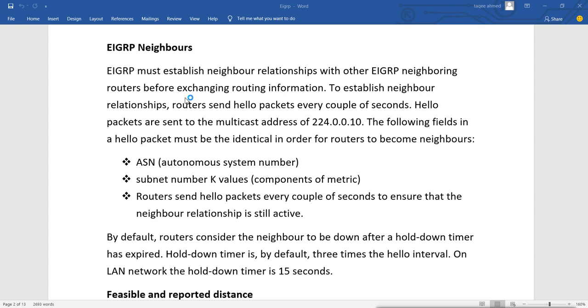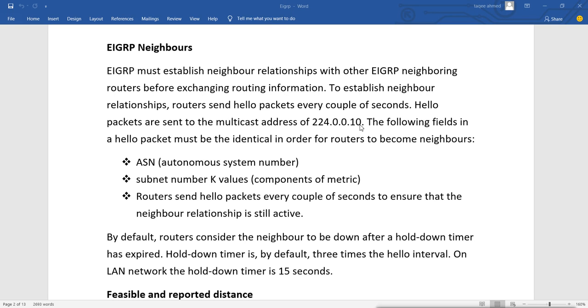So hello packets are sent to the multicast address 224.0.0.10. Now why do they use multicast, not broadcast? Because they want to communicate to particular routers. They don't want to communicate to every router. So all the EIGRP running routers will receive these packets on this same IP.